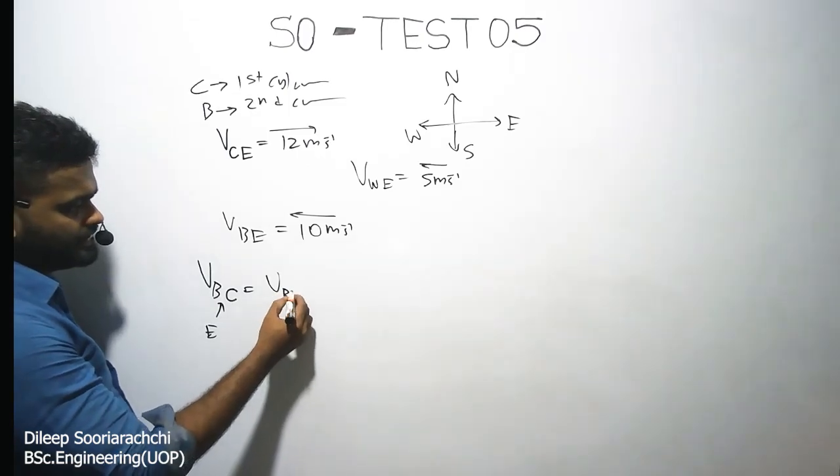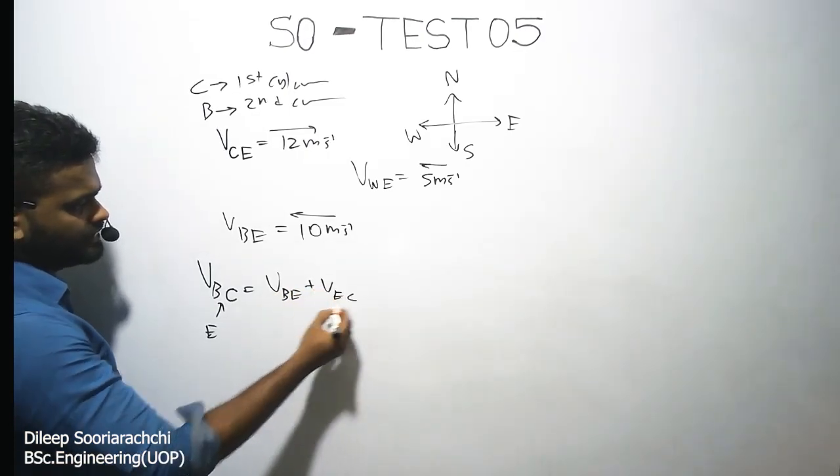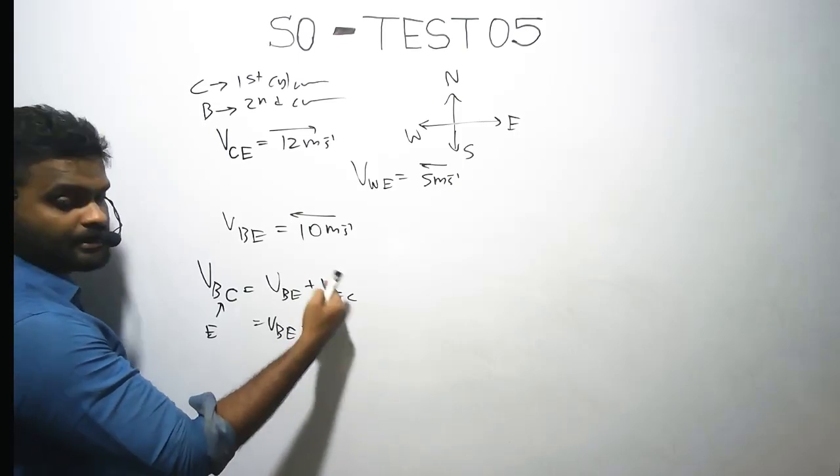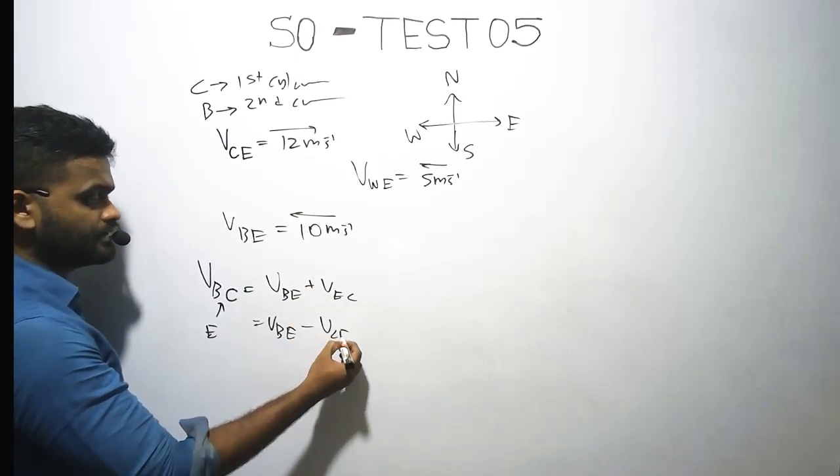So VBE plus VEC, make it CE, and you get a negative there, VCE.